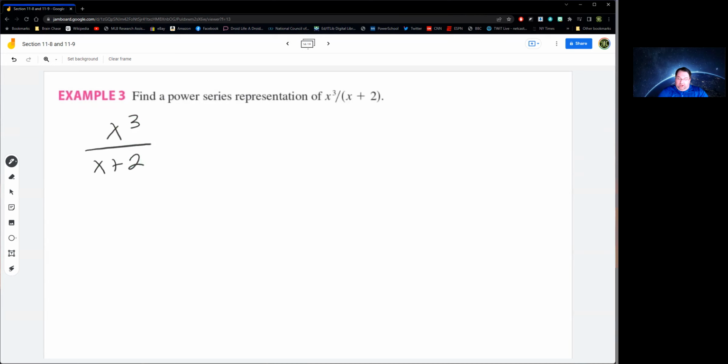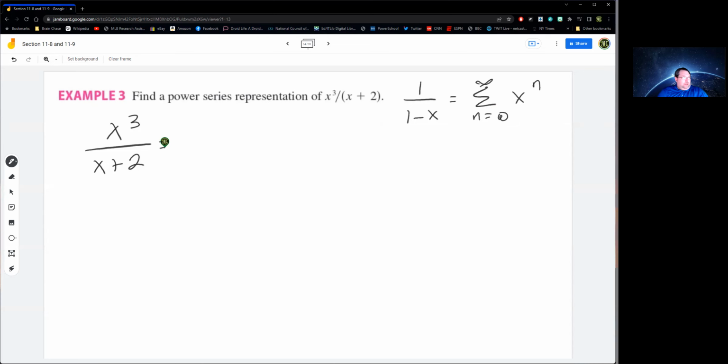And again, remember, I'm trying to get it to use this setup. So I need to change it into that setup.